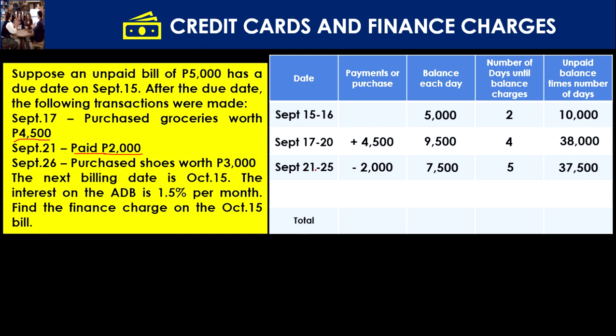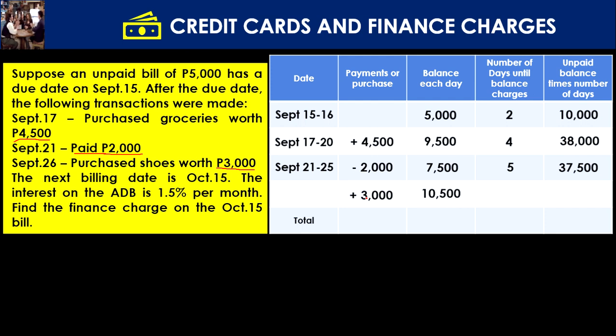On the next one, our last purchase on September 26, you purchase a pair of shoes worth 3,000 pesos. We need to add that to our balance. So 7,500 plus 3,000 is 10,500.